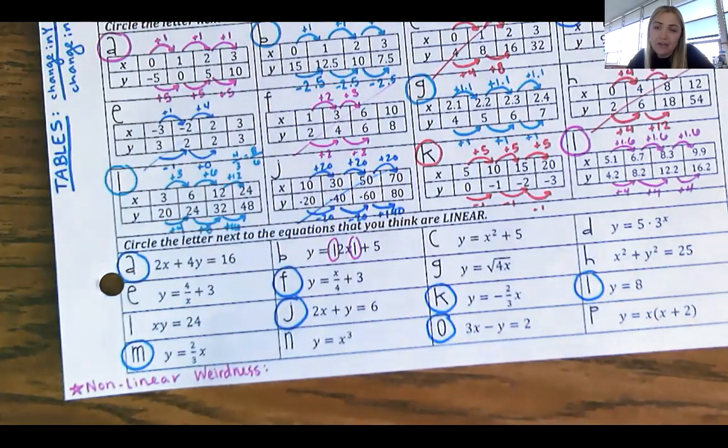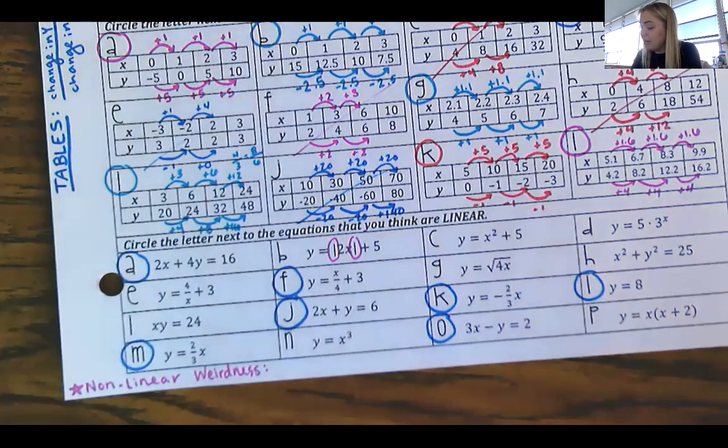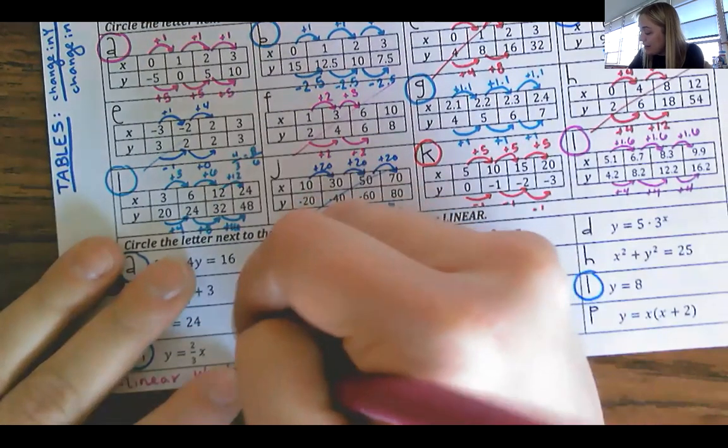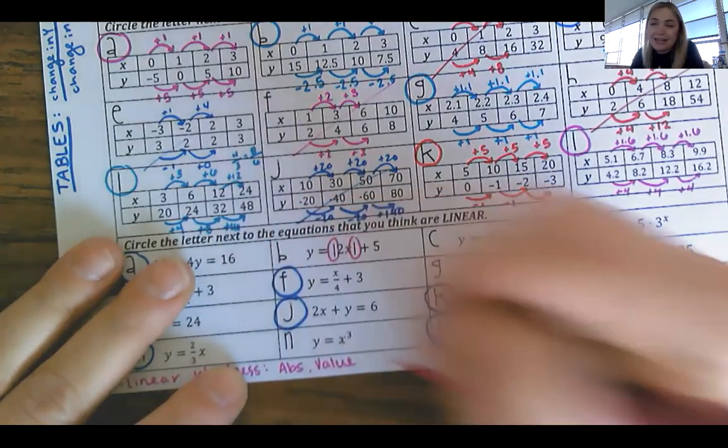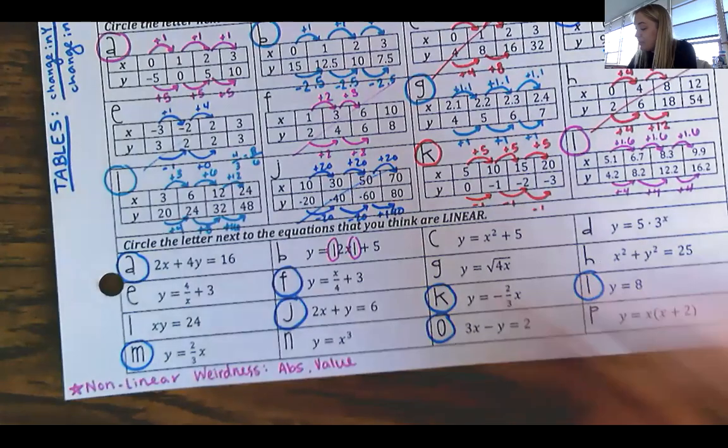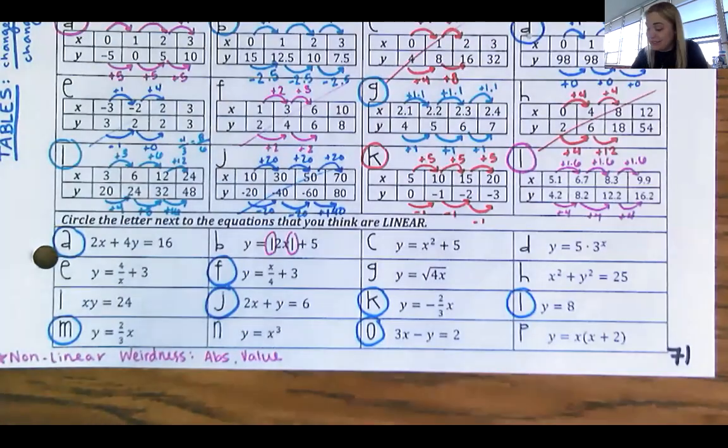So whenever any of these weird things happens to x or to y, you are going to know that it is a nonlinear equation. So one of the nonlinear weirdness things is when there are absolute values. And that's just when it happens on the x or the y. But if there are absolute values, then it is not linear.